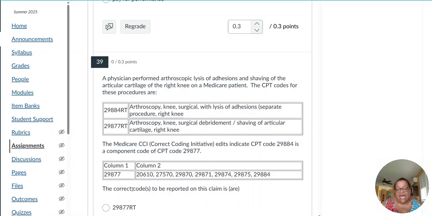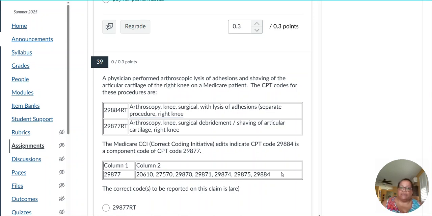So if you want to assign 29877 because of your clinical information that you're coding from, you should not be using any of these other codes with it. This code 29877 includes all of these codes if they all happened or if one of them happened. And so in this case, 29877 includes 29884, and you should not be assigning it alone for this piece of clinical documentation because that's not the only thing that happened, or you shouldn't be assigning it at all because it's already included.